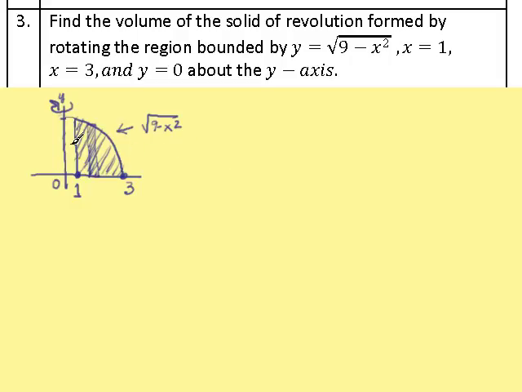This piece is missing. All right, so we're using the method of shells. So the volume is equal to the integral from 1 to 3, 2 pi. Our radius is x, and this is our height.